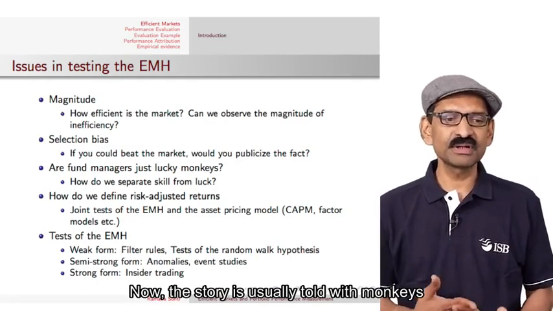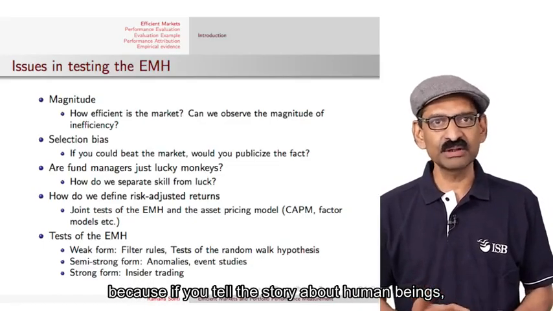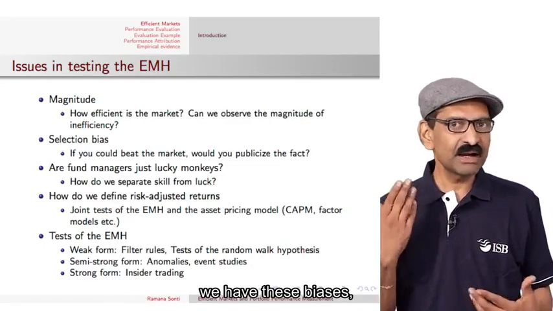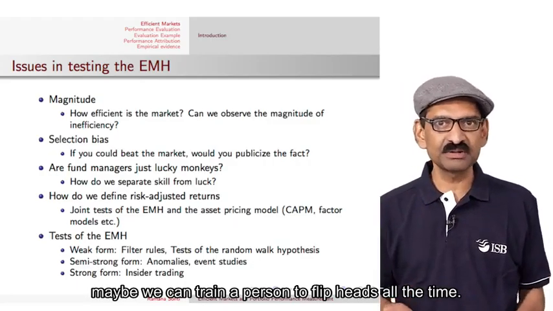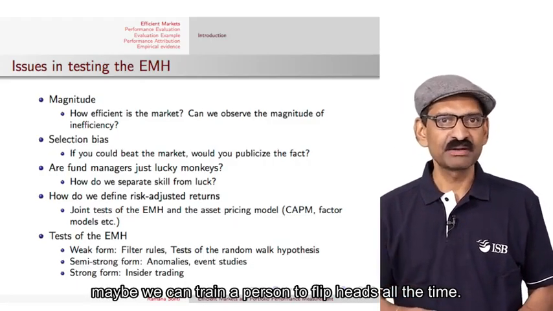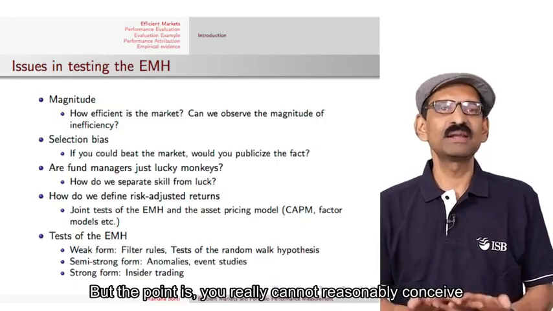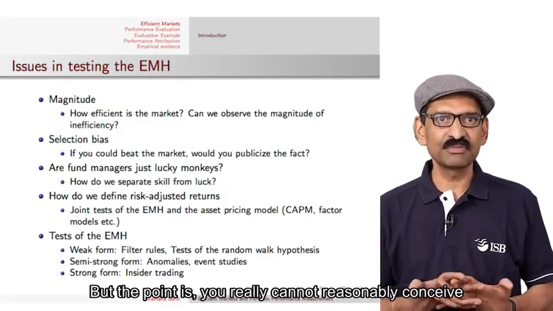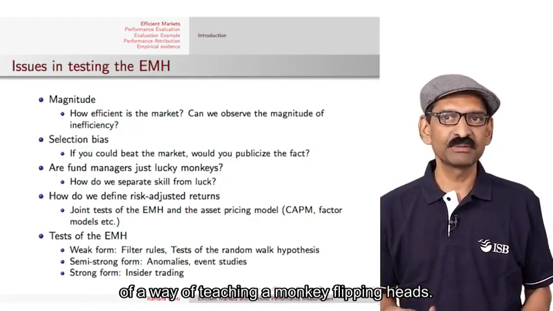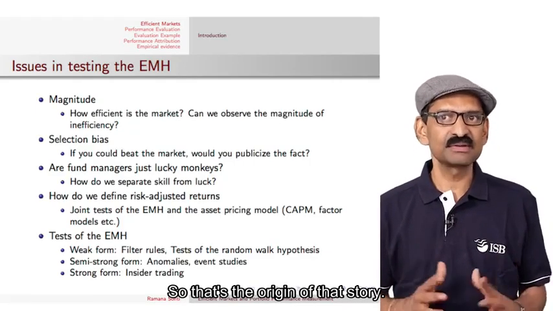Now, the story is usually told with monkeys because if you tell the story about human beings, we have these biases. Maybe we can train a person to flip heads all the time. But the point is, you really cannot reasonably conceive of a way of teaching a monkey flipping heads. So that's the origin of that story.